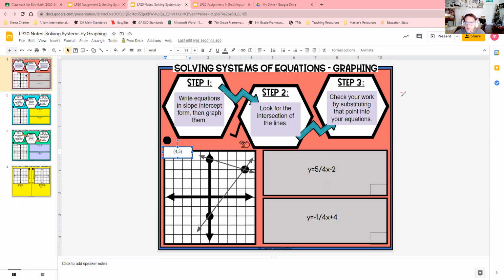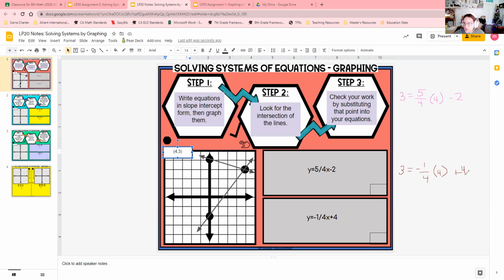So y, 3, equals 5 over 4 times my x of 4 minus 2. And the same thing with the second equation. 3 equals negative 1 over 4 times x, in this case 4, plus 4.